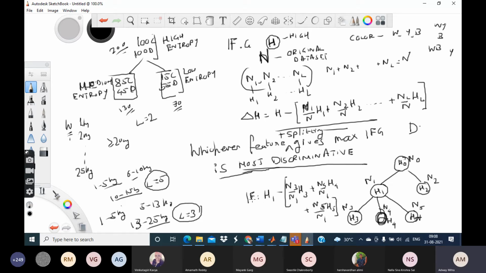Okay, so this way you'll get the information gain in this particular case. Similarly, for H2, if there is a proposed split, you can calculate the information gain like this.